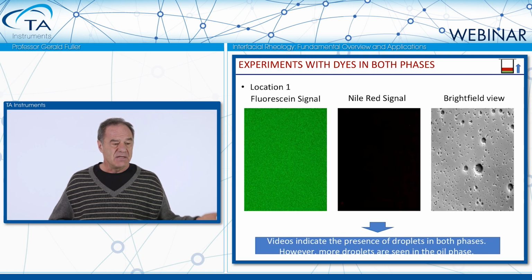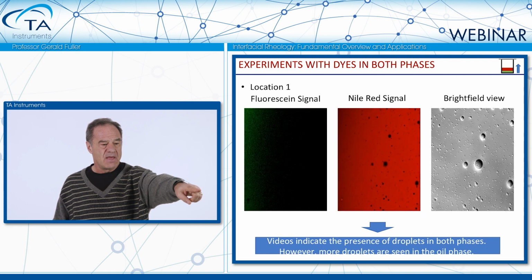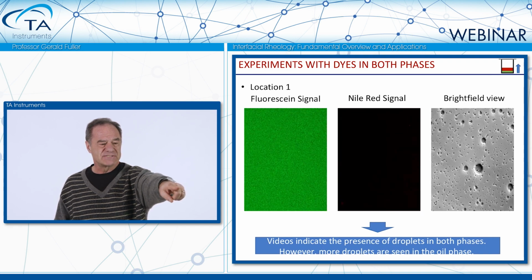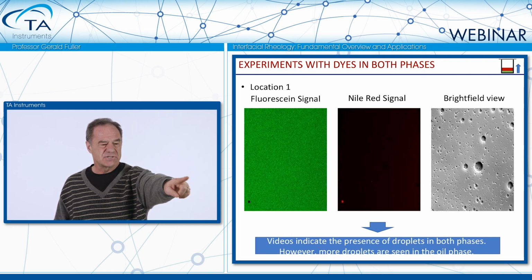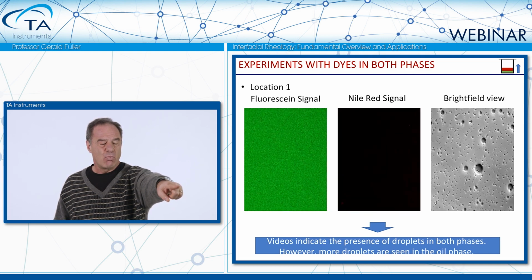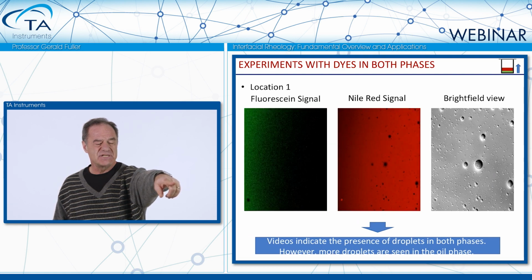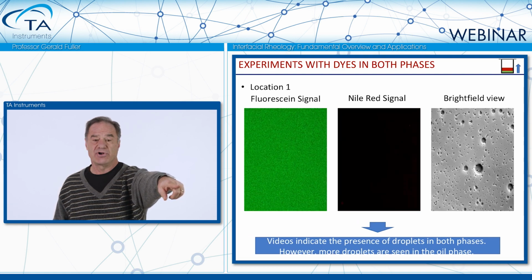By scanning, you can see in the fluorescein a black circle. On the right, that appeared as a red circle. This is on a loop. That is an oil droplet. But once you're above the interface, in the Nile red signal, you see a bunch of black circles. Those are water drops.